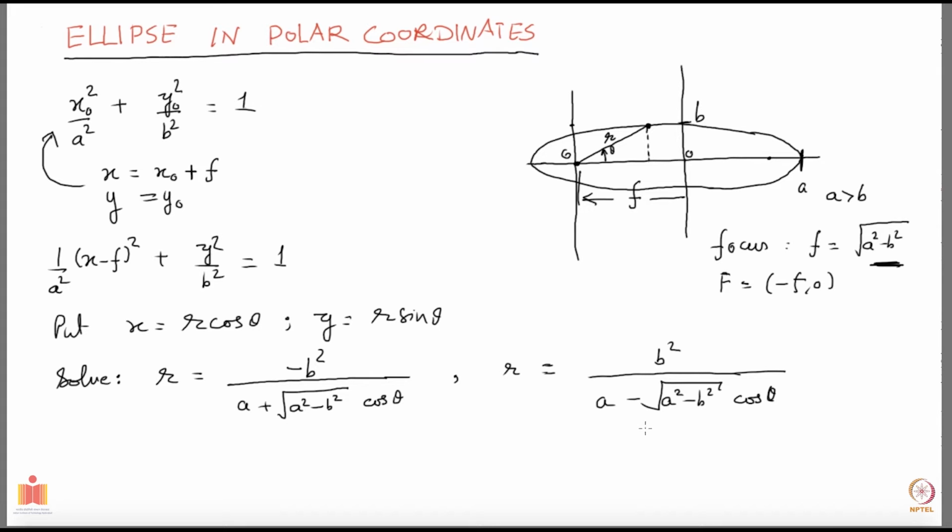We can rewrite this as the following: minus b squared over a, divided by 1 plus epsilon cos theta. You can write it in a nicer form than what I'm going to write here, but it's not necessary.